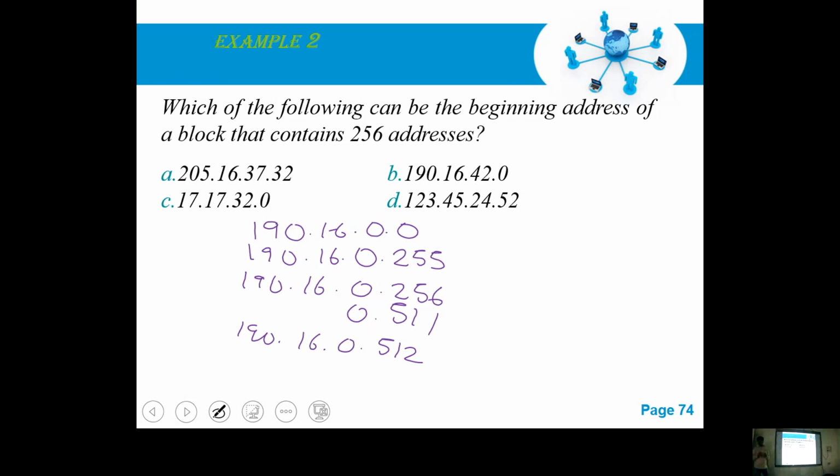That means you forgot the complete concept of IP addresses. Can I have more than 256? Then how are we getting 256, 511, 512?